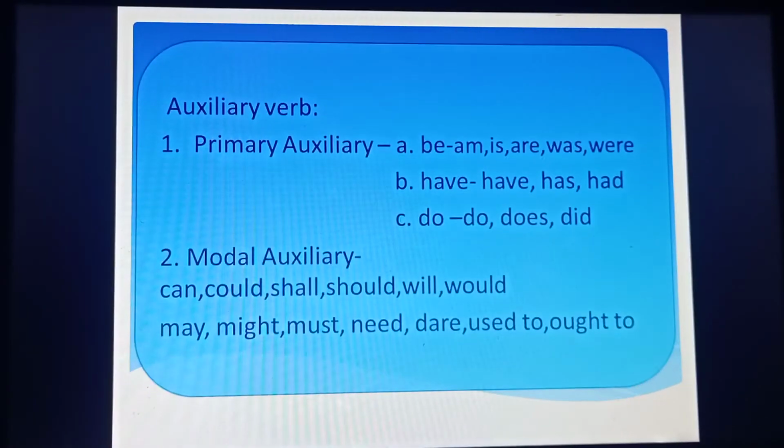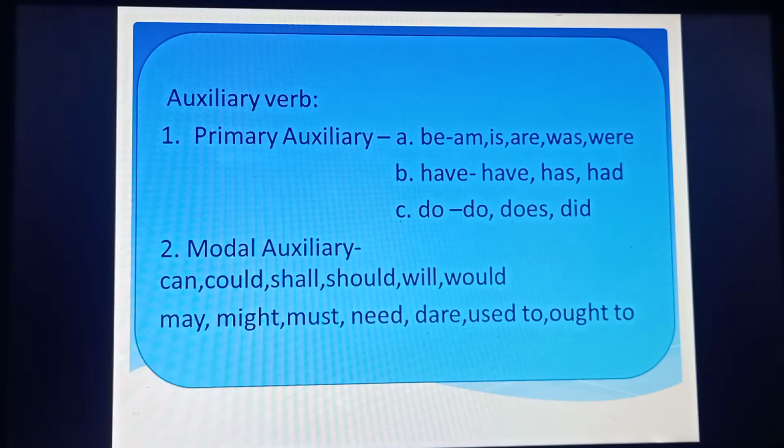Today we'll learn about auxiliary verbs because if you want to change from active voice to passive voice, you need some idea. And it is better if you can memorize all the auxiliary verbs, and it will help you in learning many grammar items and in voice change. So this is also needed.